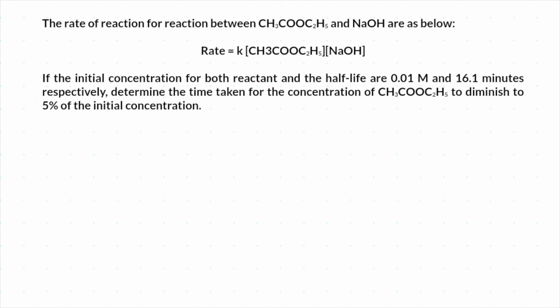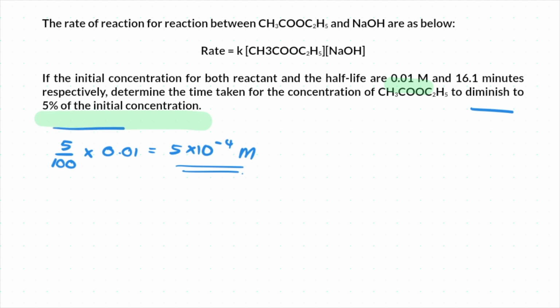Alright, so the first thing that we are going to tackle is the last statement, which is 5% of its initial concentration. So the initial concentration is 0.01, therefore 5% from 0.01 is equivalent to 5 times 10 to the power of -4 molar. So this is the final concentration.